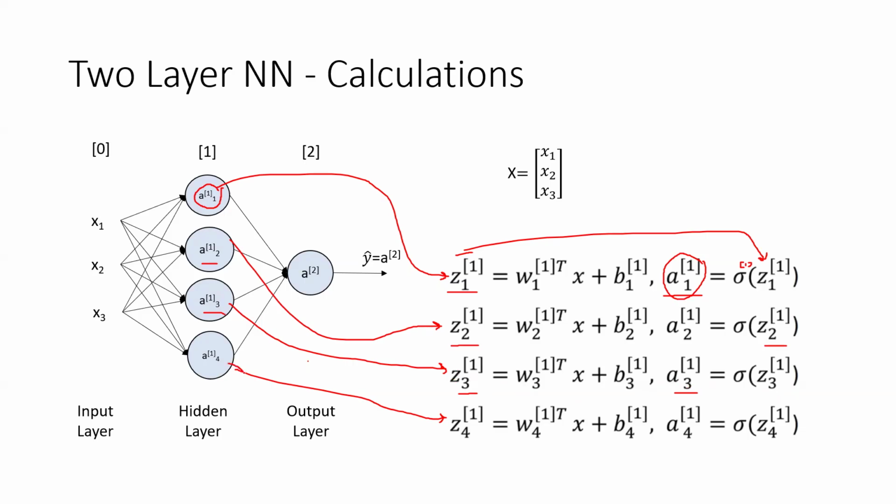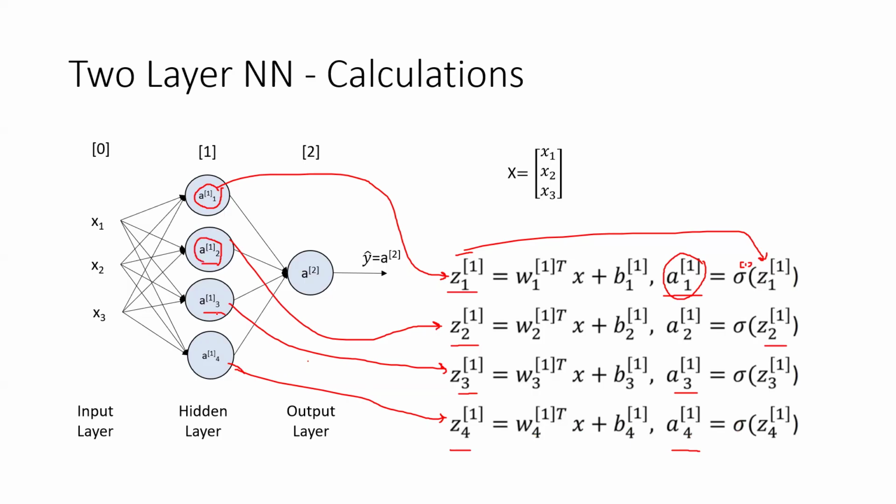Similarly, for the fourth neuron of the first layer, you can get the Z41, and by applying it to the activation function, you can get the activation value for the fourth neuron of the first layer. And these are the outputs, right?